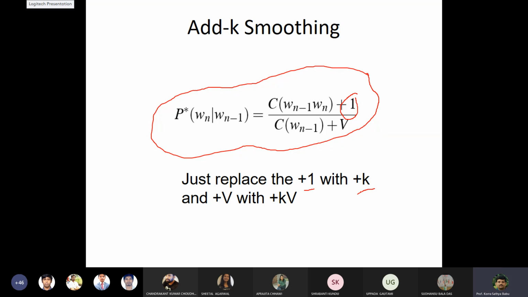Plus 1 can be replaced by plus k, and the vocabulary term V becomes k times V. This is the same formula, with plus k in the numerator and kV in the denominator.